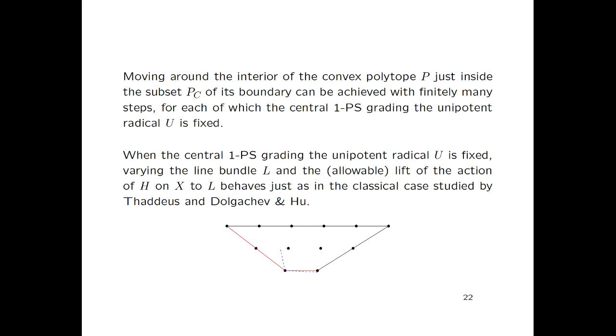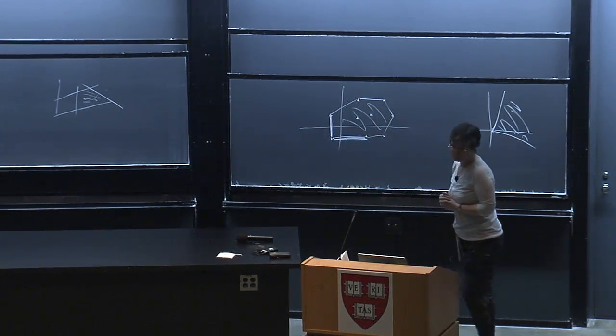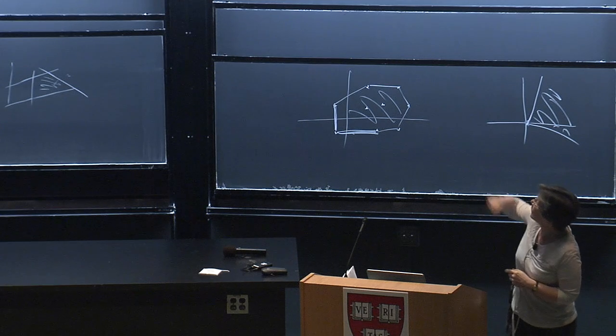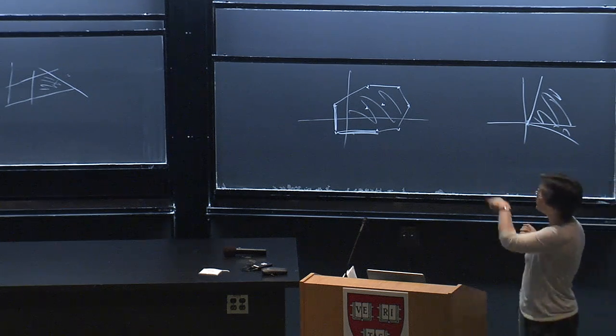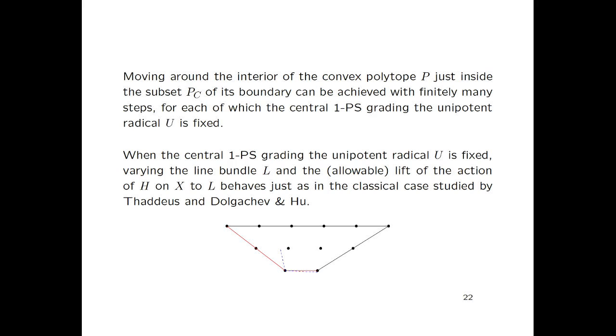But other than that, the picture is very similar to the classical GIT, because if you want to move around close to the boundary of this convex polytope, so in the picture up there, the red part is supposed to be the allowable part of the boundary. The idea is that I'm using the standard inner product on R2 to identify the Lie algebra with its dual, and so the dotted blue lines are the boundary of the rational cone corresponding to the one-parameter subgroups that grade the unipotent radical.